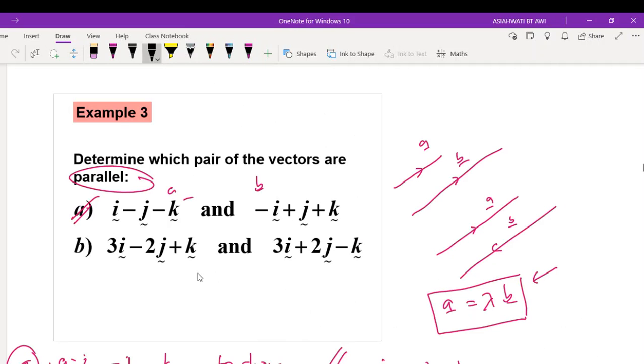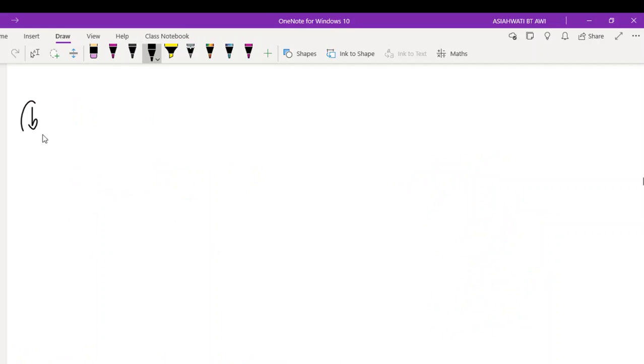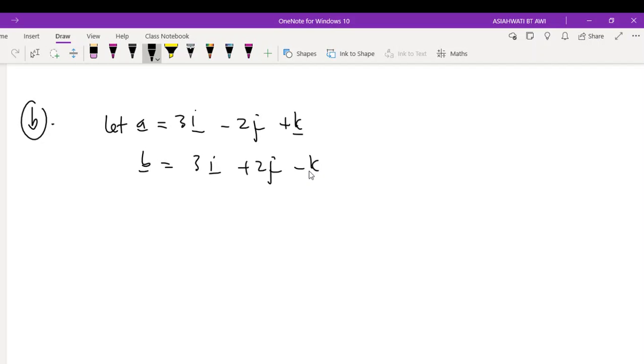Settled. Go to B. Determine which pair of these vectors are parallel. For part B, which one is parallel? Let vector A be equal to 3i minus 2j plus k, and vector B be equal to 3i plus 2j minus k.